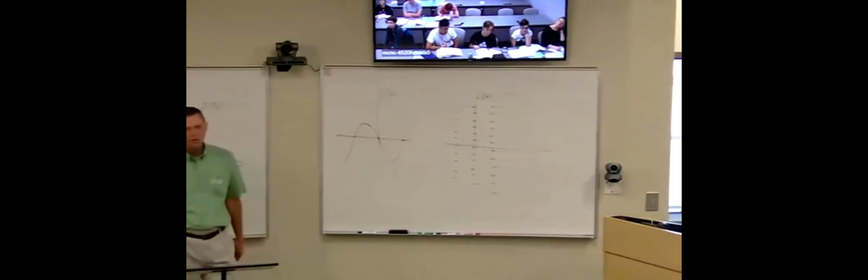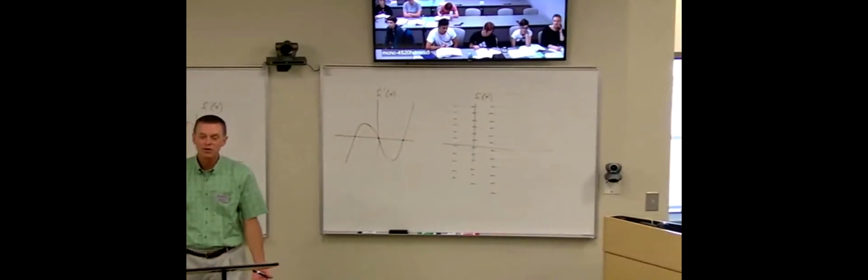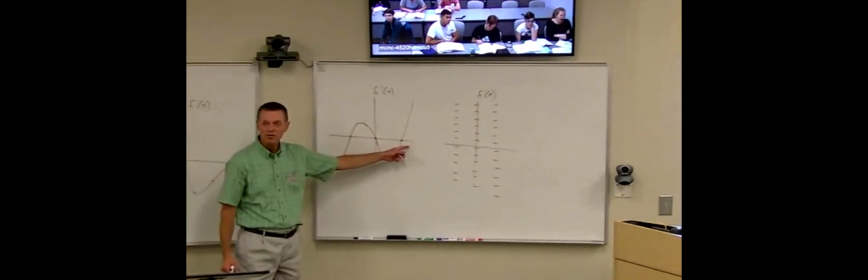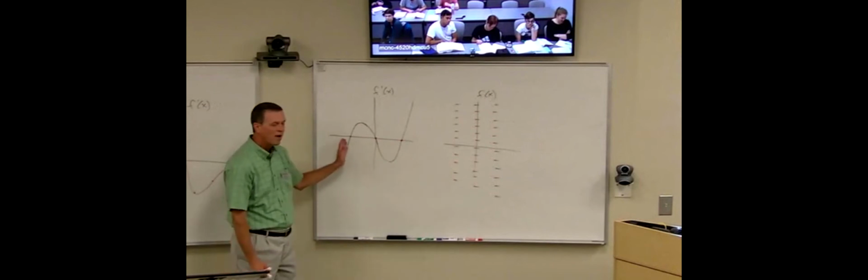Now, to really make it work, we've got to have more information than that. Those are the critical values. When the velocity is 0, those are called first order critical values. That's what we just looked at.